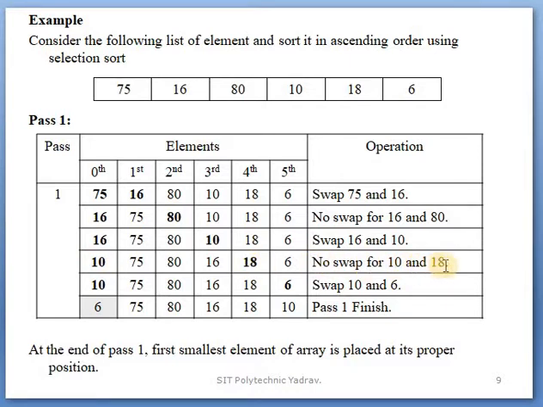After that 10 is compared with 6. 10 is greater than 6, so swap, interchange 10 and 6. At the end of pass 1, the first smallest element of the array is placed at its proper position. Clear? Pass 1 is the same as the remaining passes.